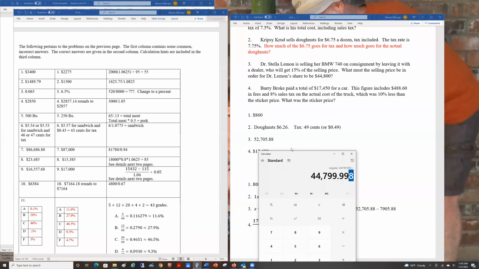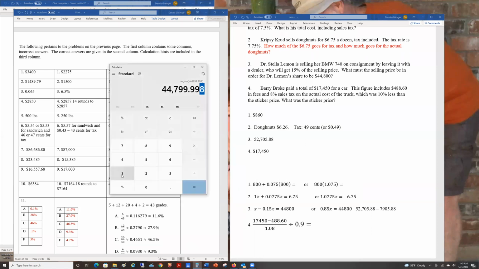So for this problem, number 4, you would take $17,450 and subtract the fees, $488.60. You don't have to put the 0, but you can if you want to. Hit the equal sign.